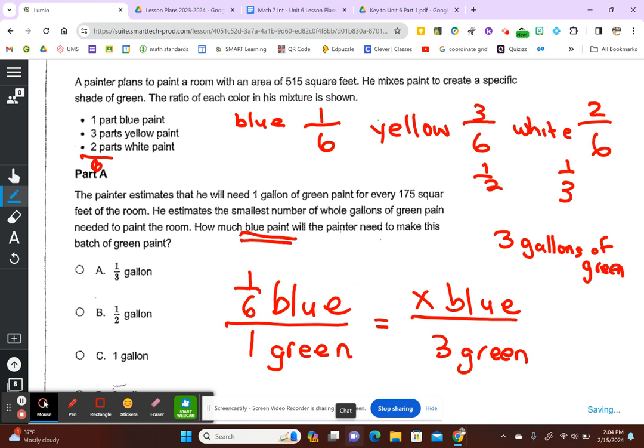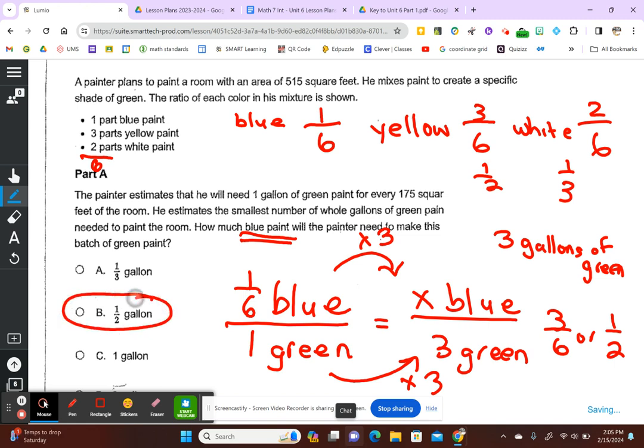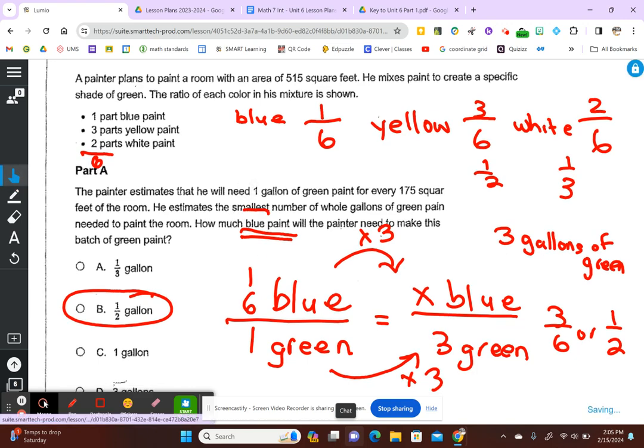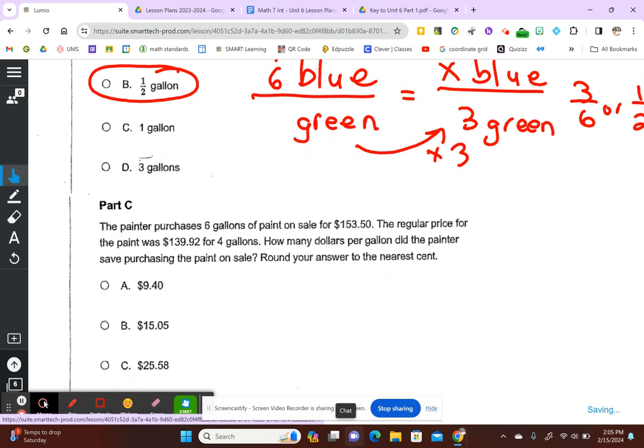So in this case, it's pretty easy because I'm going to multiply this by 3, and I'm going to multiply this by 3. So it turns out I need 3/6 blue or 1/2. So the answer to this is I need 1/2 gallon.